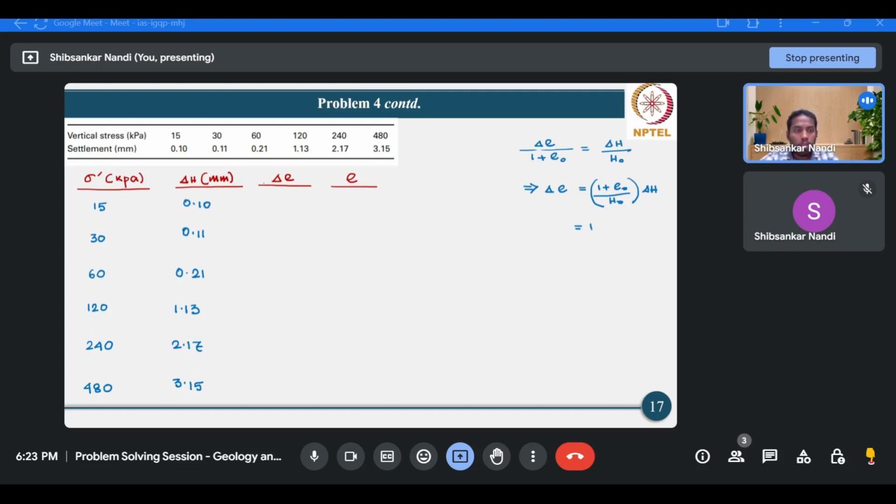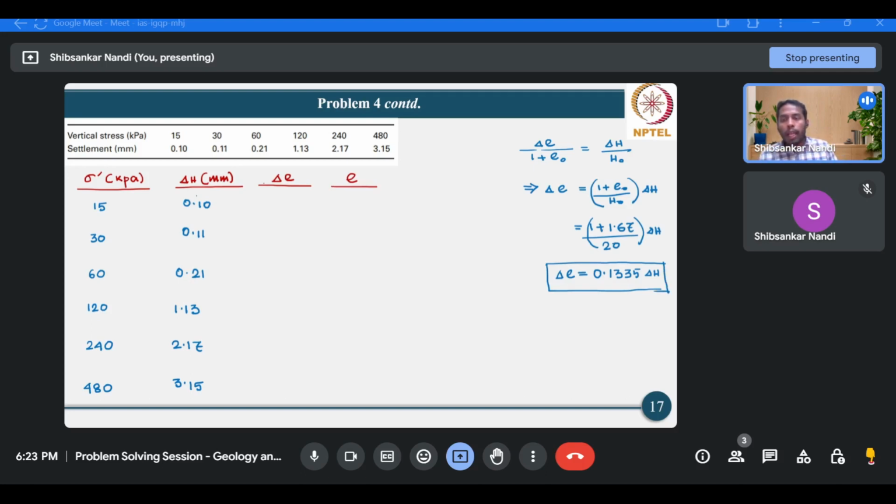So 1 plus 1.67 divided by 20 delta H. So 2.67 divided by 20, that means 0.1335 delta H. Okay, so this is the final relationship between delta e and delta H.